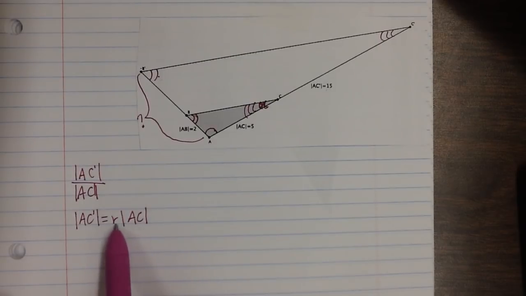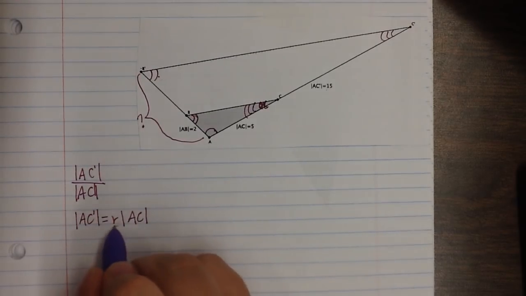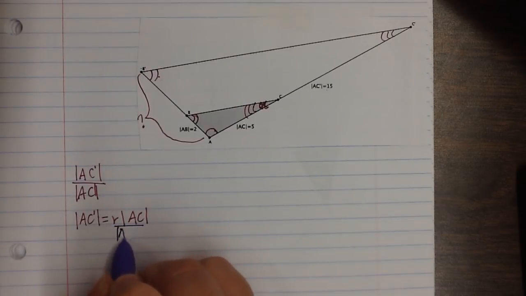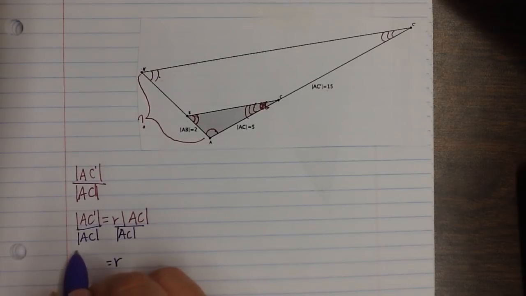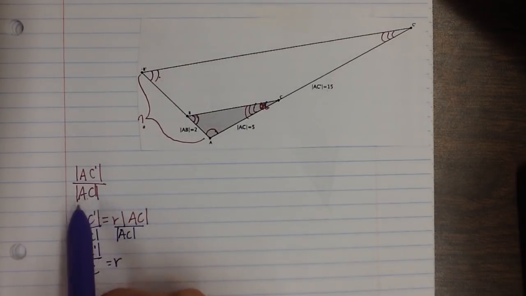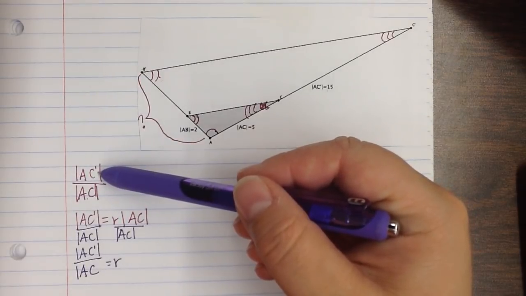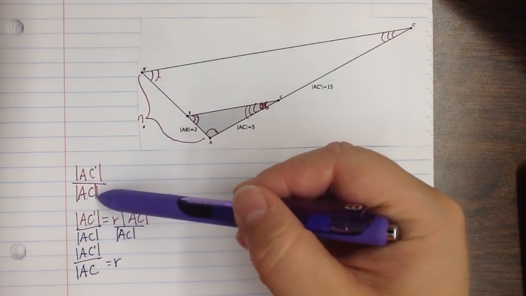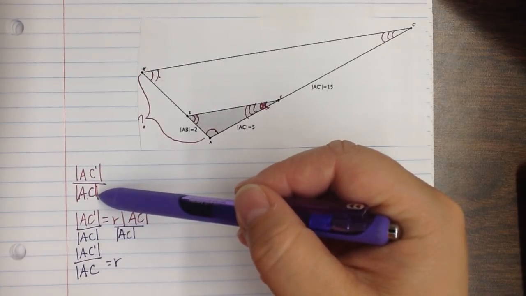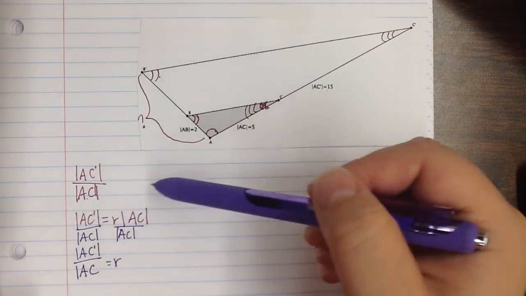These two things are being multiplied, so to solve for the scale factor, I want to get rid of the distance from A to C. So I divide by the distance from A to C. My scale factor is the distance from A to C prime over the distance from A to C. That's why I use this ratio. You always put the image, the one with the prime, on top, and the original on the bottom. So I want to see what my scale factor, or the ratio, is.